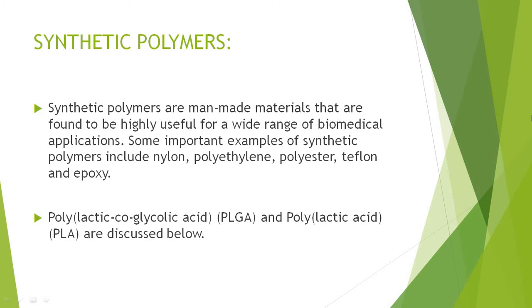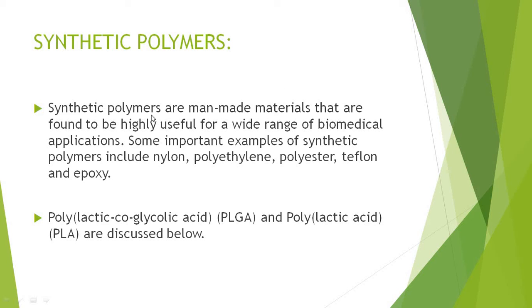Next we have synthetic polymers. Synthetic polymers are nothing but man-made polymers. Synthetic polymers are man-made materials that are found to be highly useful in biomedical applications. This is used in medical field.